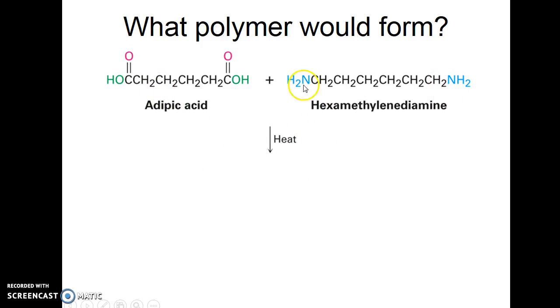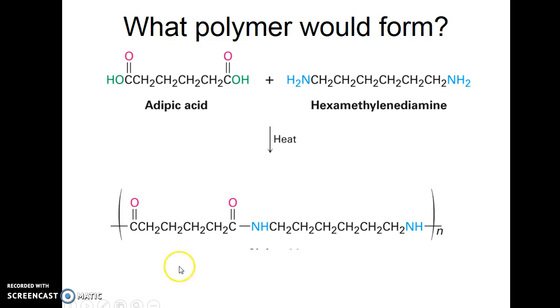But you can actually do this polymer by mixing them together and heating them. And what do we get? Here is the diacid, and here is the diamine, and you make a big long polymer. This is a polyamide.